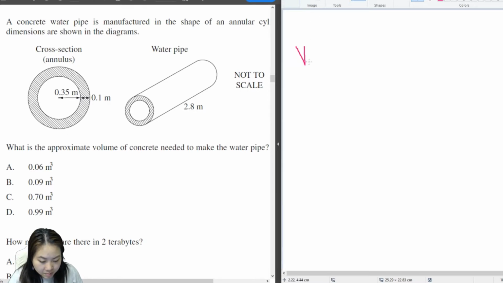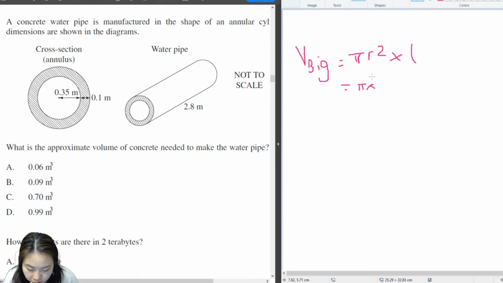The volume of the big tube is the circle, pi r squared, times the length. That will be pi times 0.45 squared times 2.8.